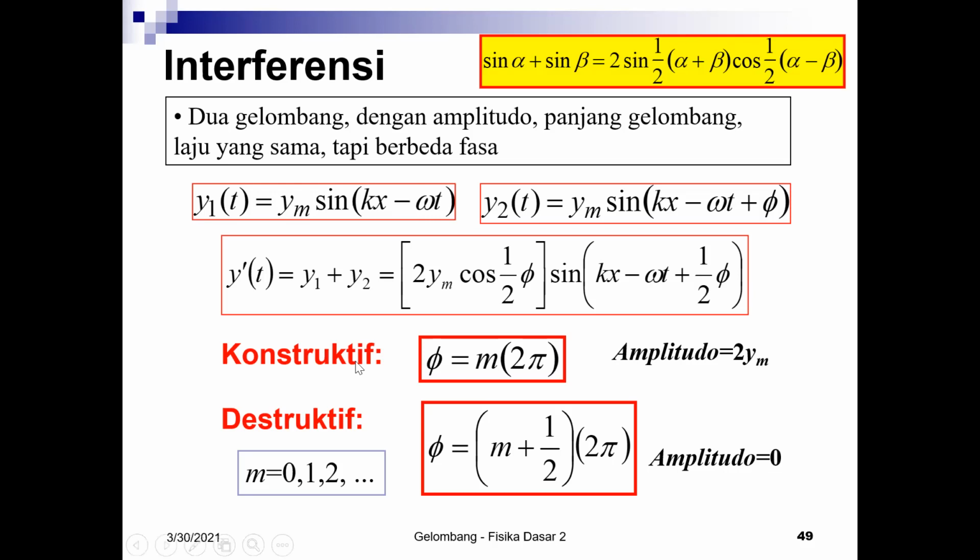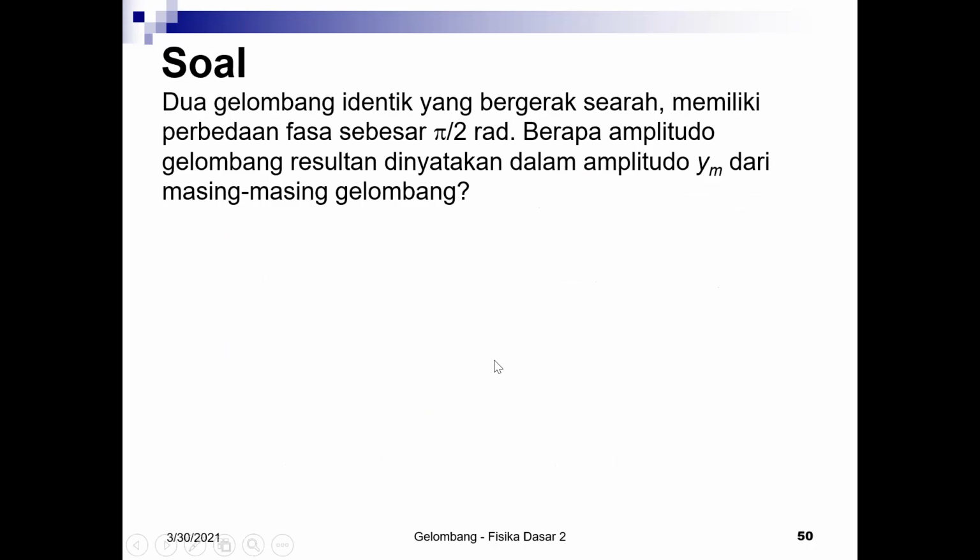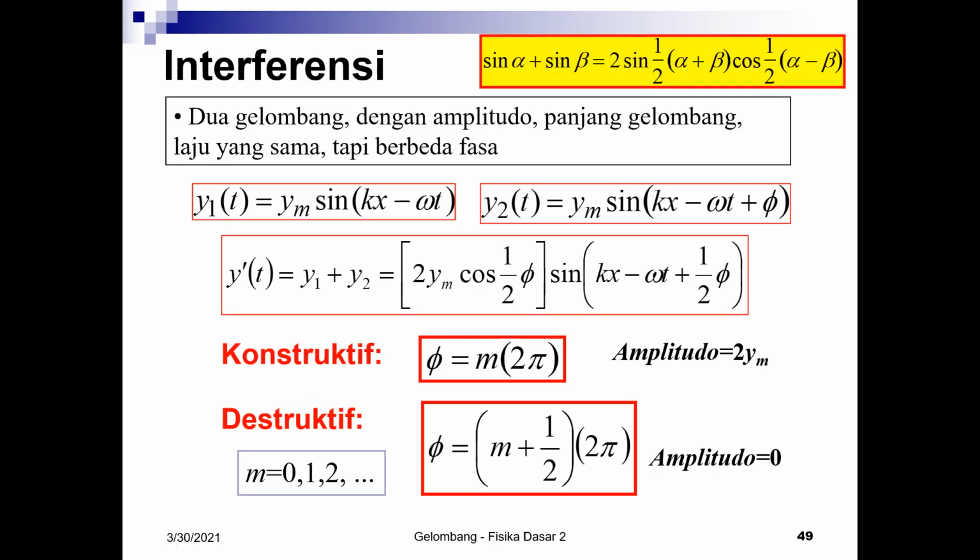So for constructive interference, we get that phi is 2 pi times m, where m could be 0, 1, 2, or plus minus. But for destructive, it means that this phi is equal to m plus half, times 2 pi, where m goes from 0, 1, 2, and so on.